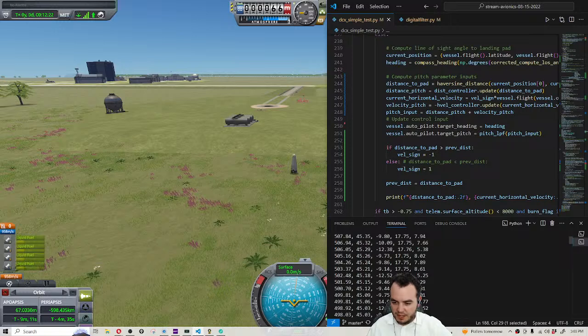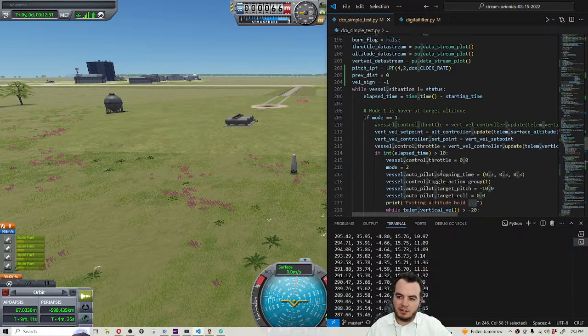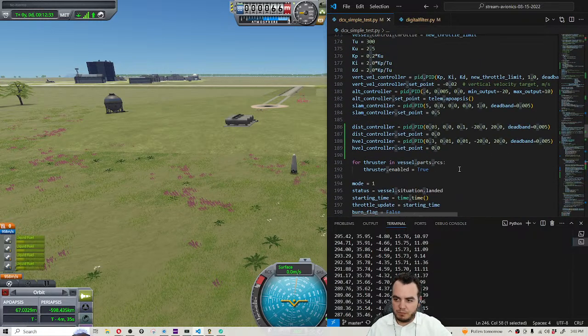Yeah, because when we got really high, the velocity controller is doing pretty good, actually. But the distance controller, so yeah, a bigger derivative term might actually improve that. Hesitant to do too much on that, but maybe something like that.